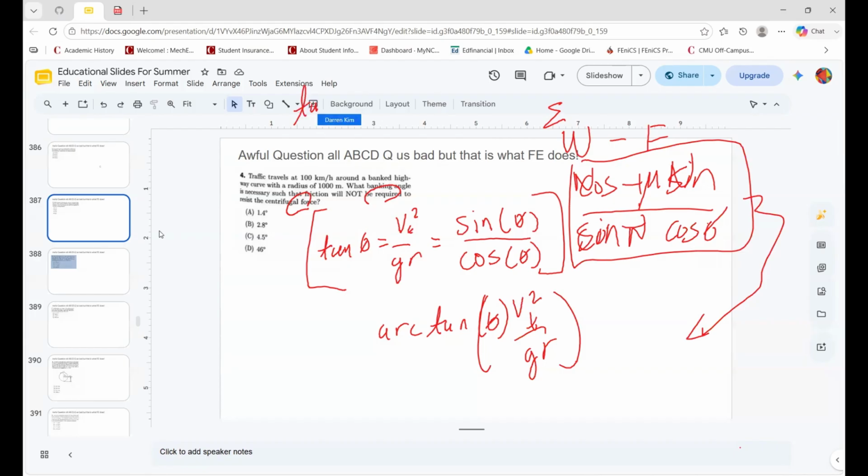So instead, do 100 divided by 3,600 multiplied by 1,000, divided by 9.8 multiplied by 1,000, arctan. That is wrong.